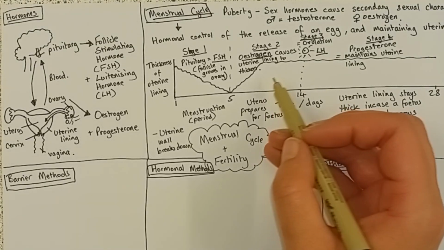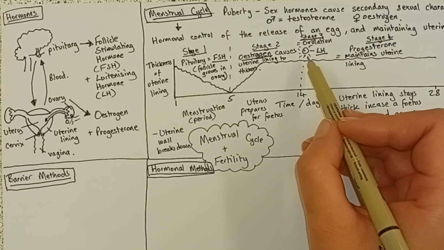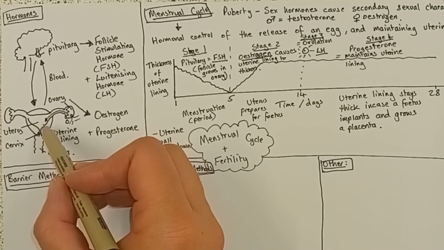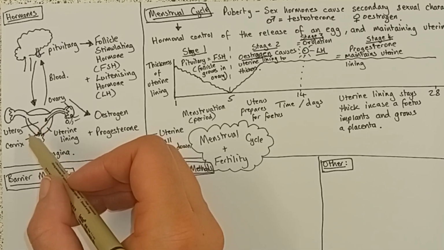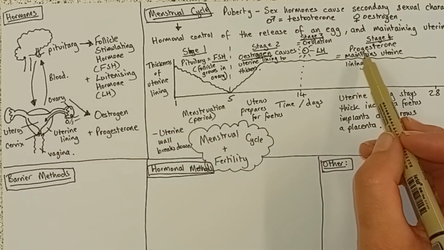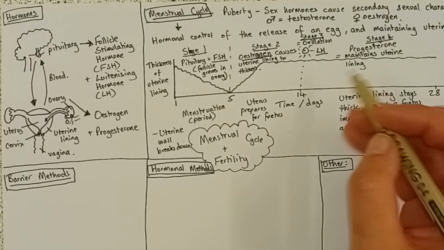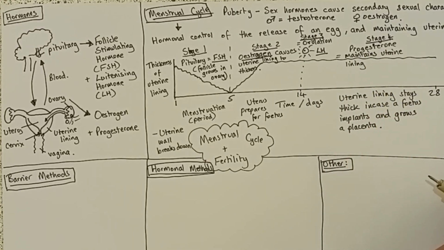So if a woman does get pregnant, then the sperm will fertilise that egg, and that egg will make its way along the fallopian tube, stick to the lining of the uterus, and start to develop into a fetus. If it does that, then the placenta makes progesterone, and so the uterus lining stays thick until the baby comes out. Okay, so if a woman becomes pregnant, the fetus makes progesterone.